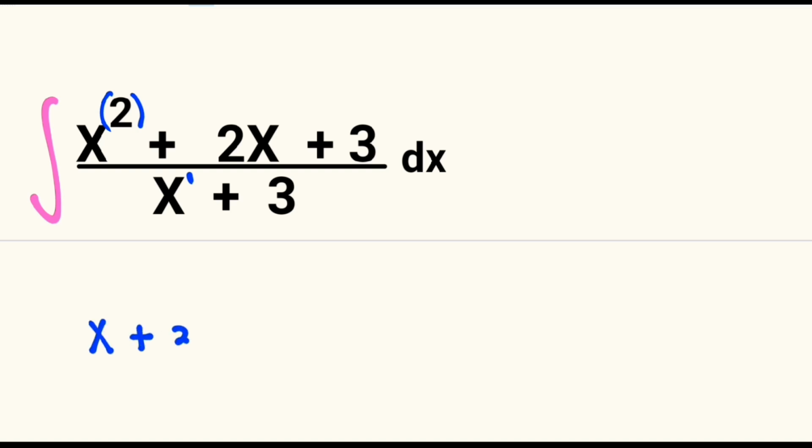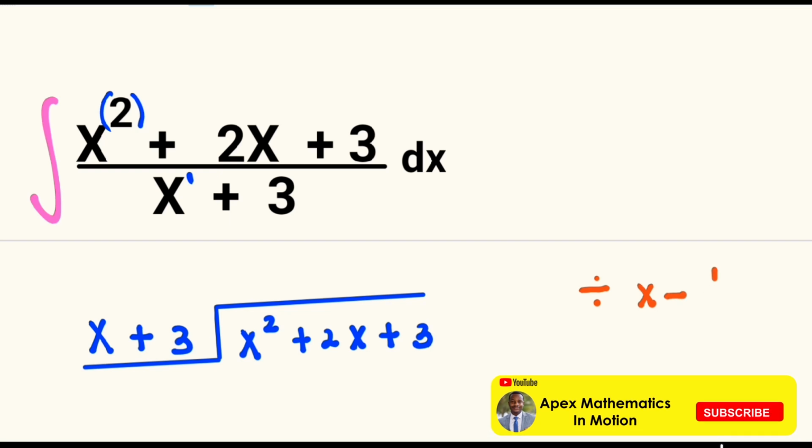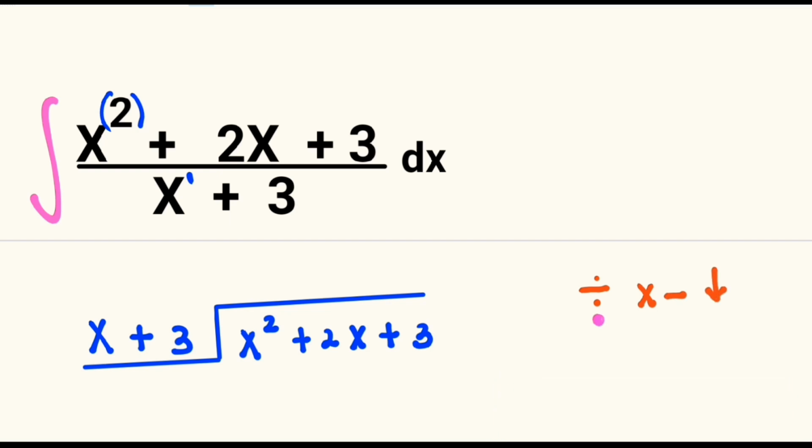We have the x plus 3 this side, and this side we have the x squared plus 2x plus 3. We have our map where we have the division, the multiplication, the minus, and the drop down. We start with the division.